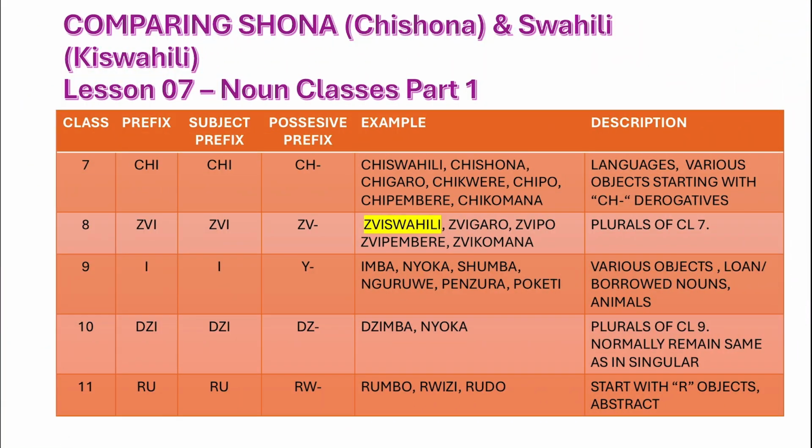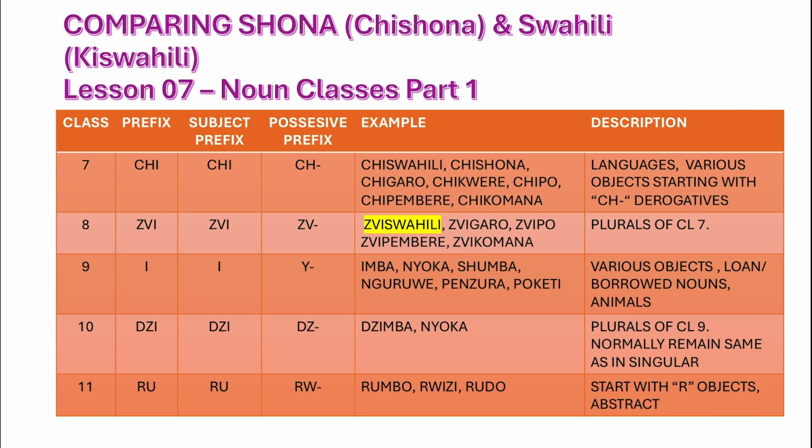Class 7 and 8, the Chi class, equivalent to the Ki-vi in Swahili. Here we also have languages, various objects starting with chi, and derogatives. Example, Chiswahili means Swahili language.